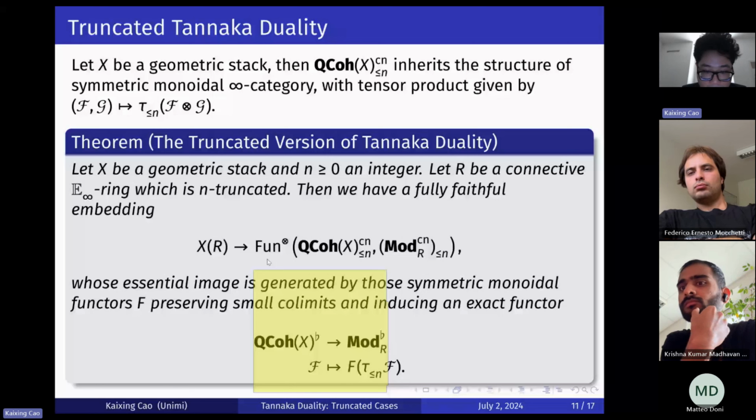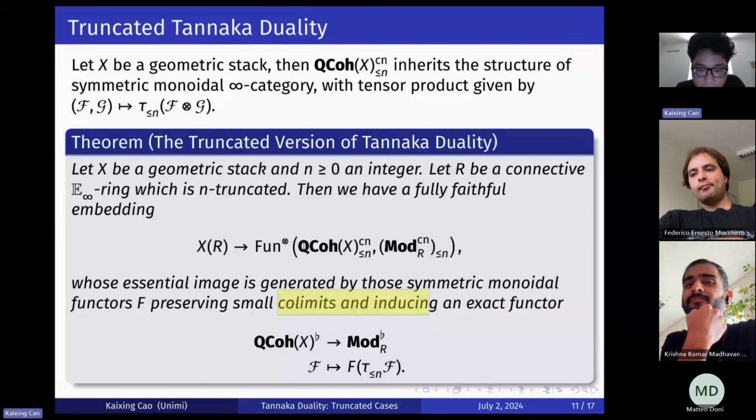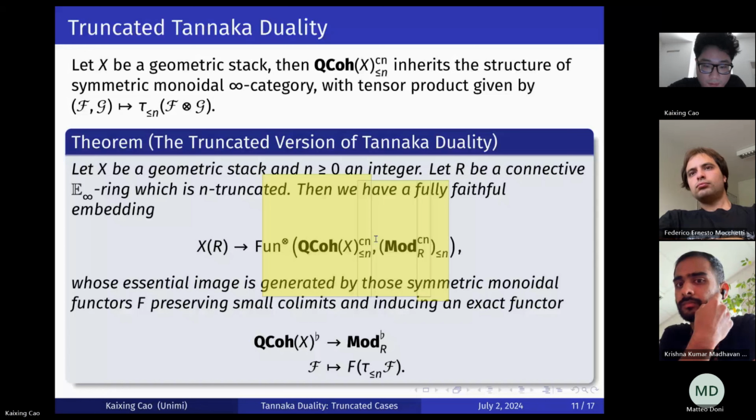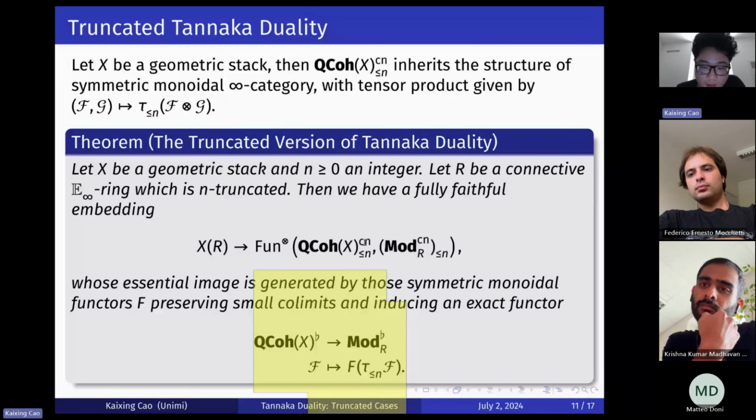But we don't mention it has good properties, because here we also restrict to the connected part, whereas the original version, the right-hand side, is between the whole categories, not only the connected part but all the quasi-coherent sheaves on X. I think this part is to provide the lost information from the non-connected part.